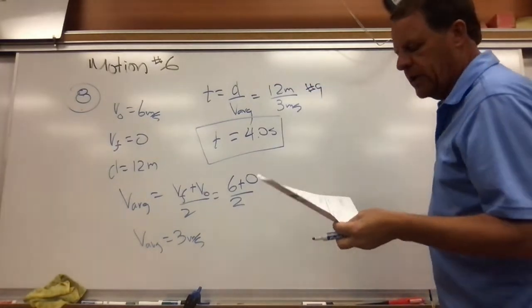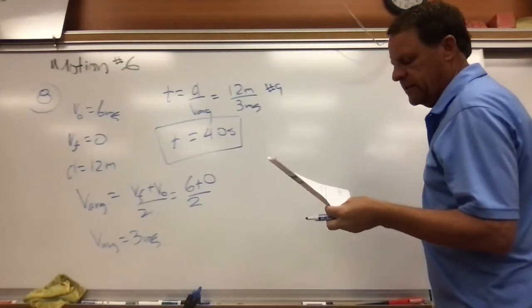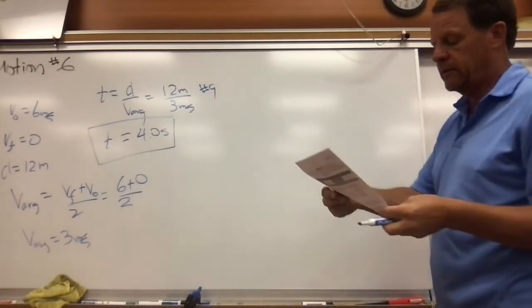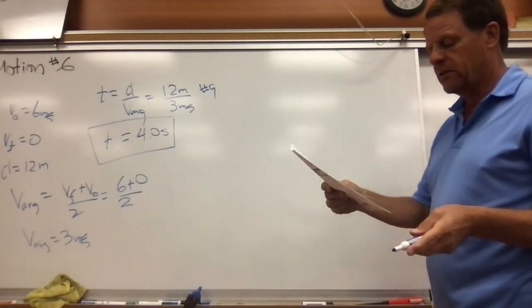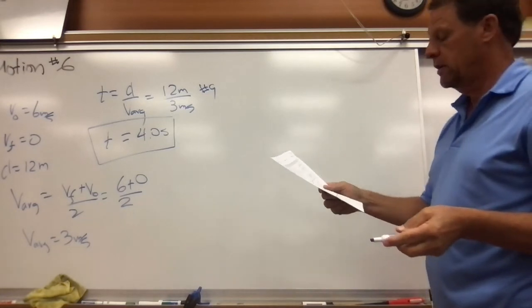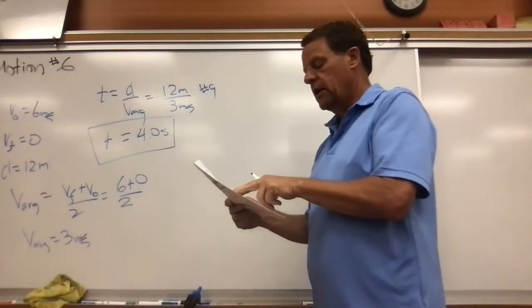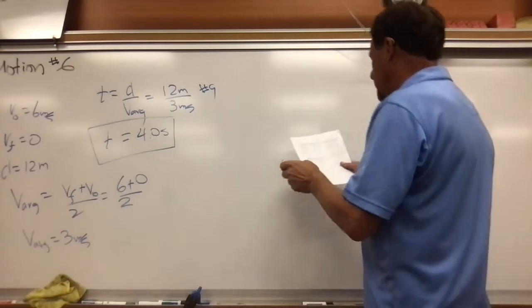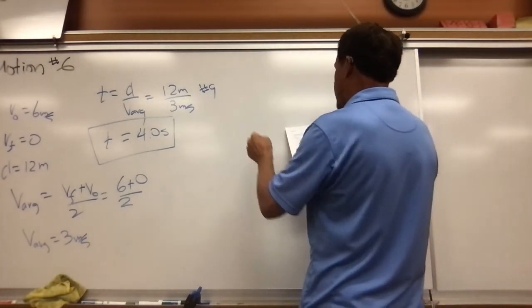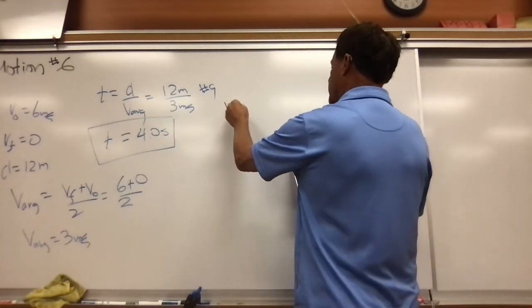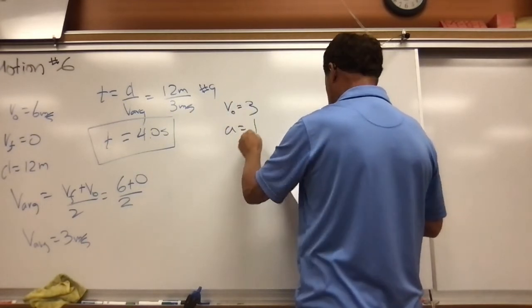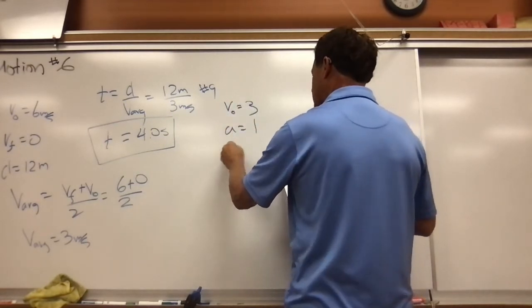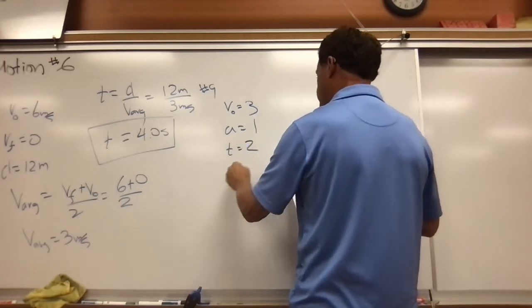All right, so problem number 9. A kangaroo with an original velocity of 3 accelerates at 1 meter per second for 2 seconds. What distance will the kangaroo travel? Okay, so we're going to have an original velocity that's equal to 3, an acceleration that's equal to 1, and a time that's equal to 2.